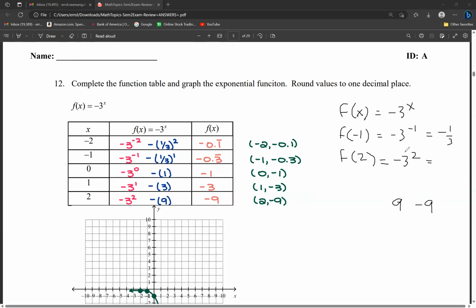It's -9 because you're doing this part first. Yes, -9. Remember, (-3) squared does not equal -3 squared. Those are two different things. This one here is 9. This one right here is -9. Right?